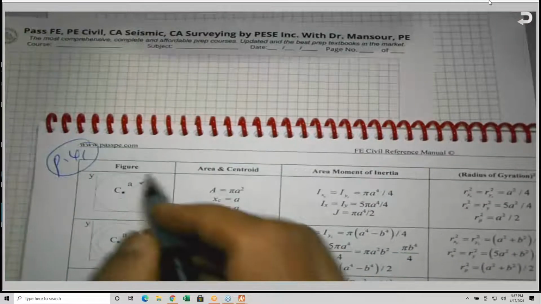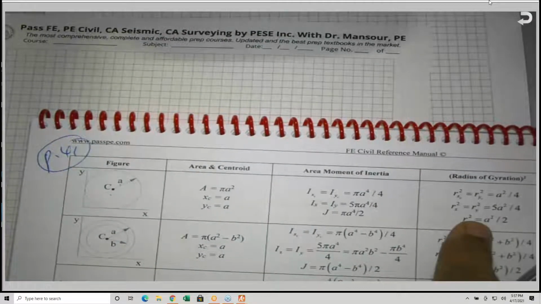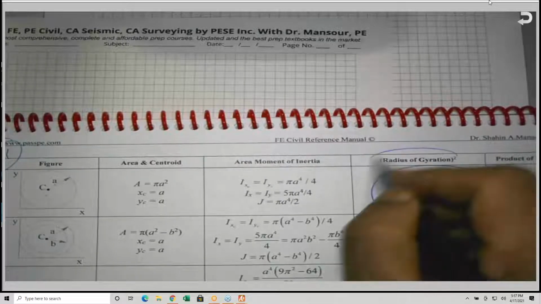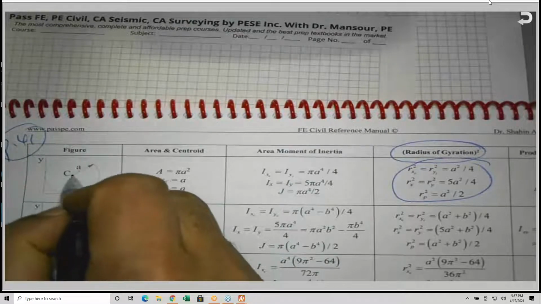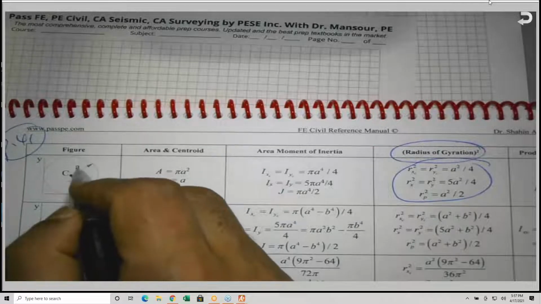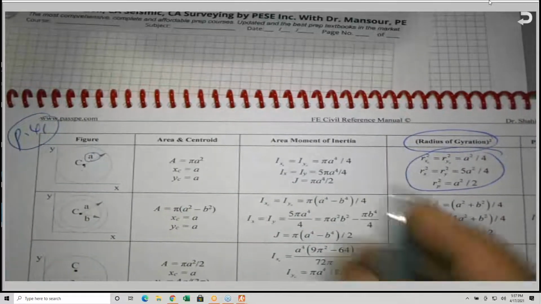So this is a circle, and they use the letter A, by the way, for the radius instead of R, because we are using R for the radius of gyration. They don't like to confuse us. It is a circular area with a centroid in the middle, and the letter A is half of the diameter. So the area is given.